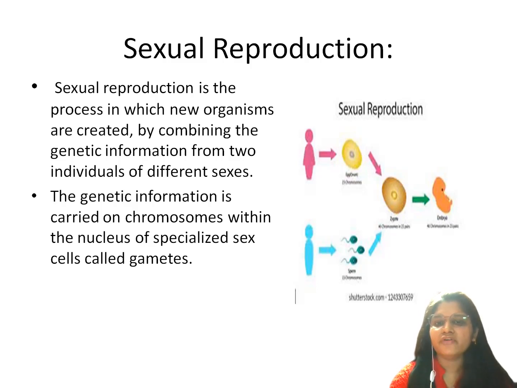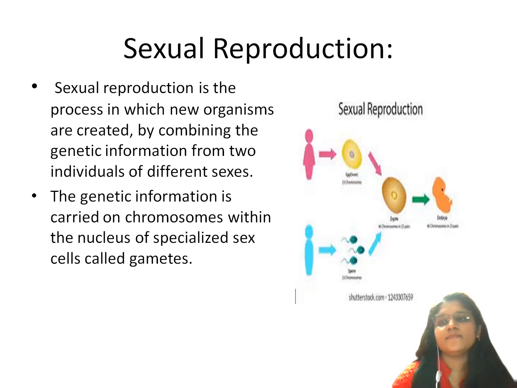When half of the genetic material from each is combined, fertilization happens and a zygote is formed. In human beings, the ovum and the sperm are single celled. When they fuse, a zygote is formed. The zygote is diploid in nature.